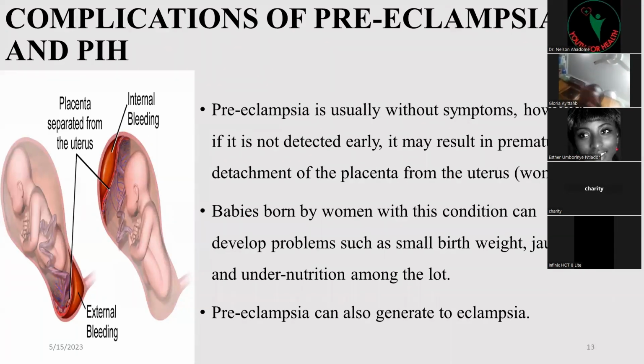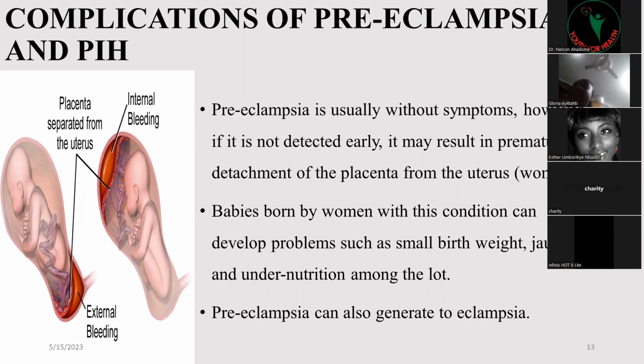Then babies born to women with this condition can develop problems such as low birth weight, jaundice, undernutrition, among a lot. So birth deformity, sometimes developmental delays and Down syndrome, all those things can result when you have preeclampsia.